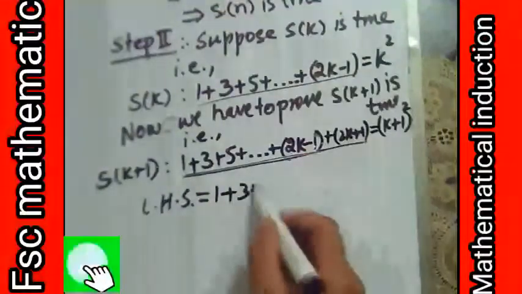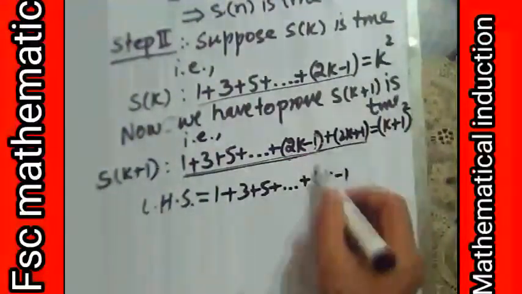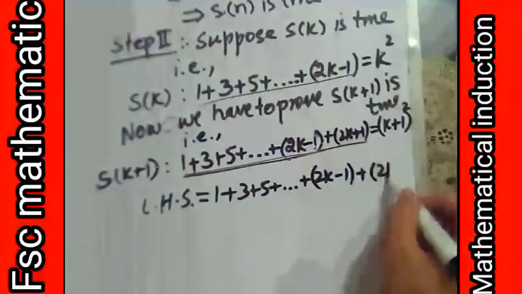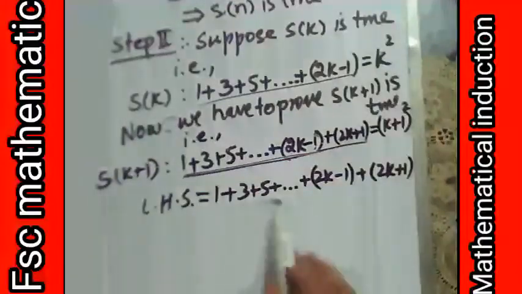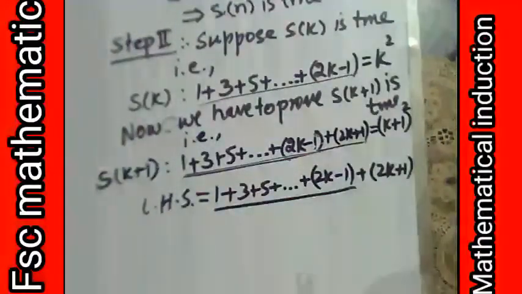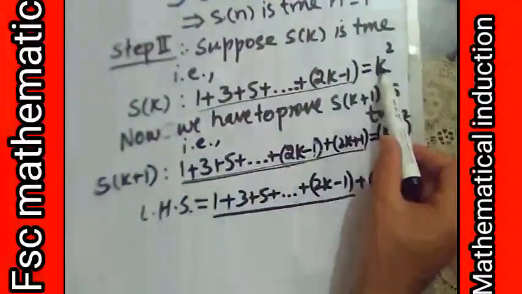1, 3, 5, and so on, 2k minus 1 plus 2k plus 1. These are k plus 1 terms, but these underlined, look at it, are k terms. Now we know that k terms have their sum k square.